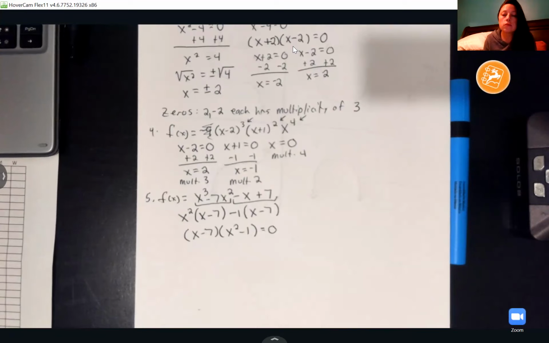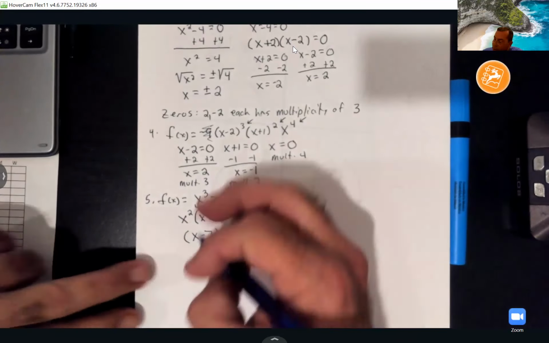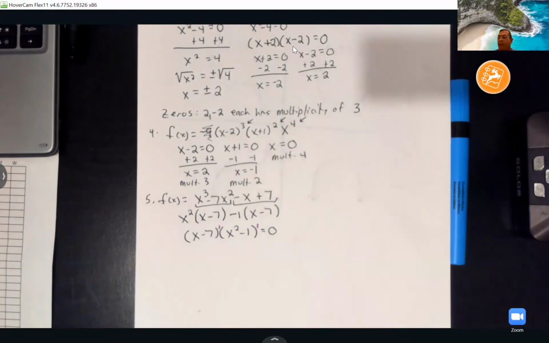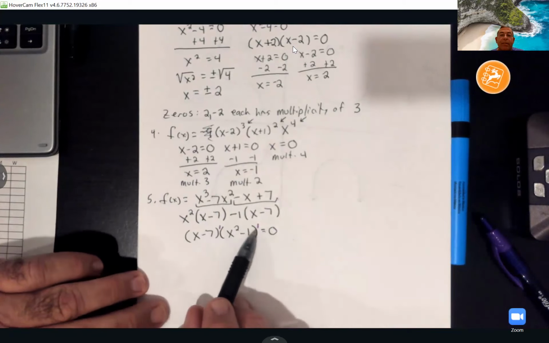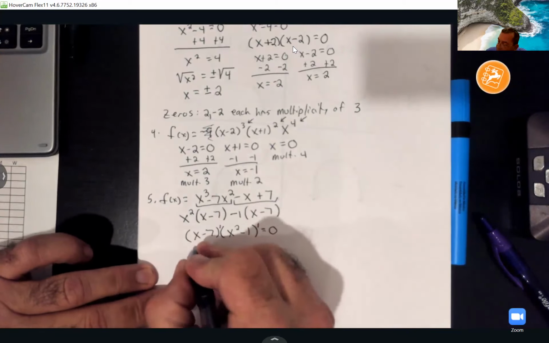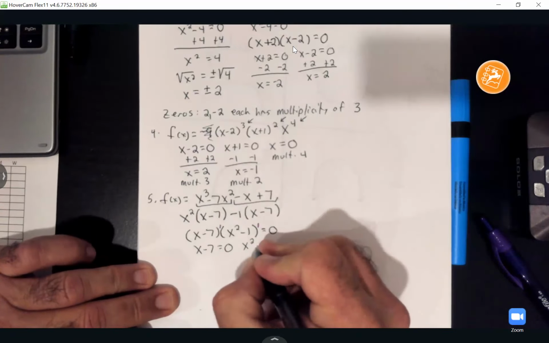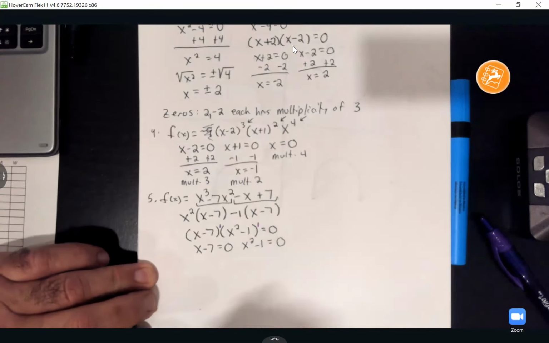Definitely a 1, y'all. Treat that like a 1 sitting behind both of those parentheses, which means when we're done, all of our zeros will have a multiplicity of 1. So now, let's get those 3 zeros by setting our factors equal to 0.